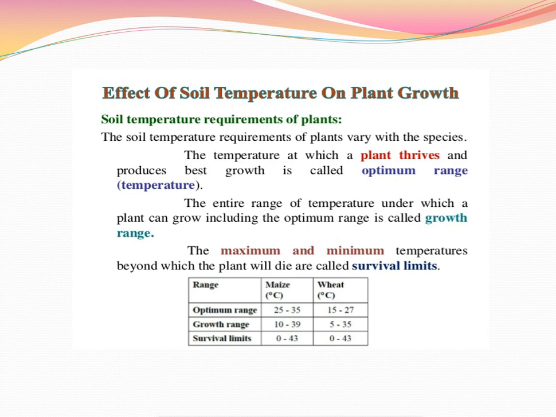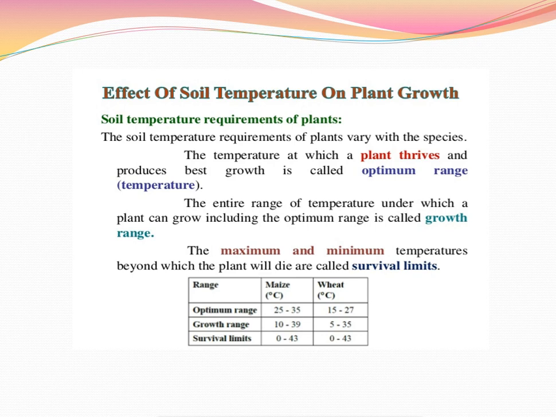In between, the plant thrives well, and the survival limit is 0 to 43. Above 43 degrees, the plant cannot survive. It ultimately dies, and below 0 degrees centigrade also it cannot survive. It is called the survival limits.